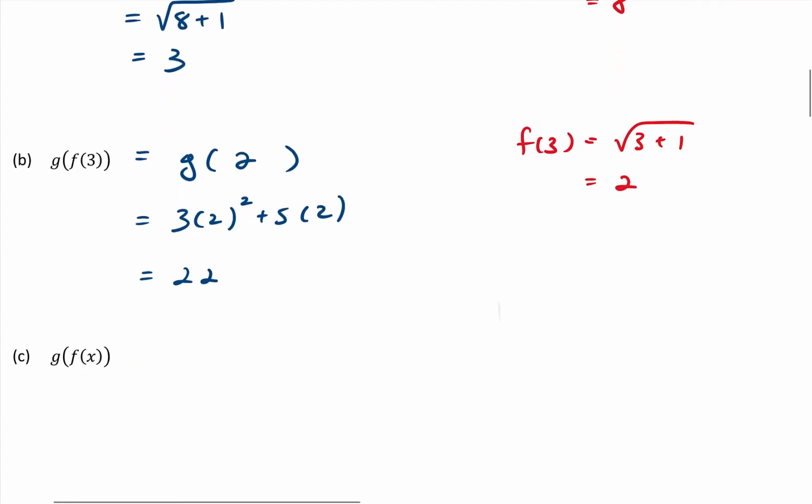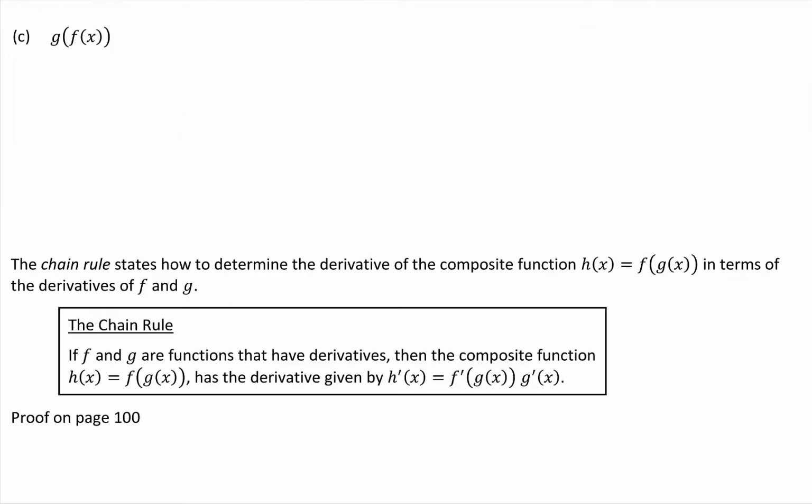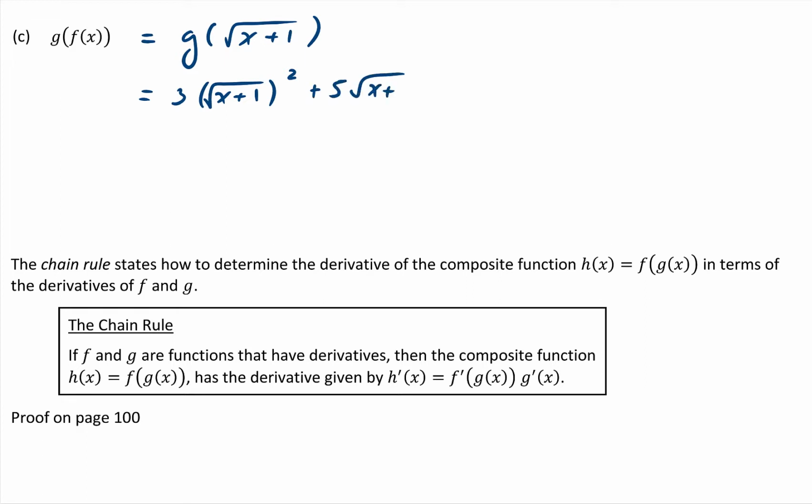Finally, what about g of f of x? This is saying that we're going to take the function f of x and sub it in for all x values for g. So we want to find g of the root of x plus 1. That's equal to 3 times the root of x plus 1, squared, plus 5 times the root of x plus 1.